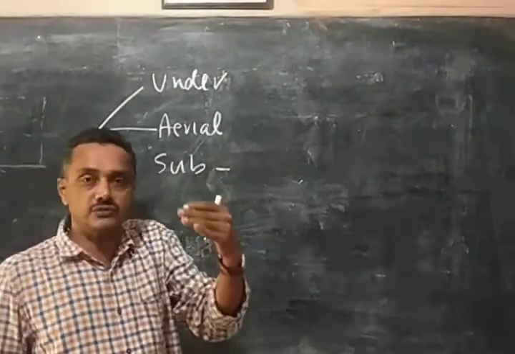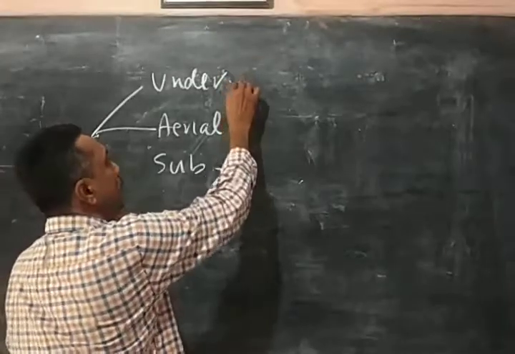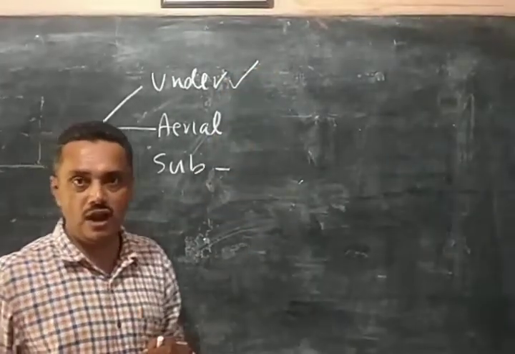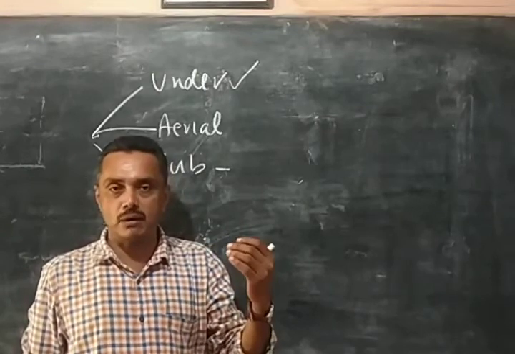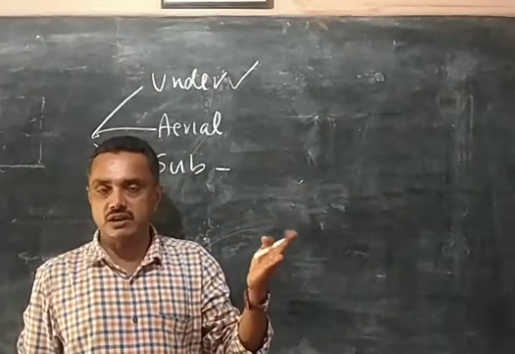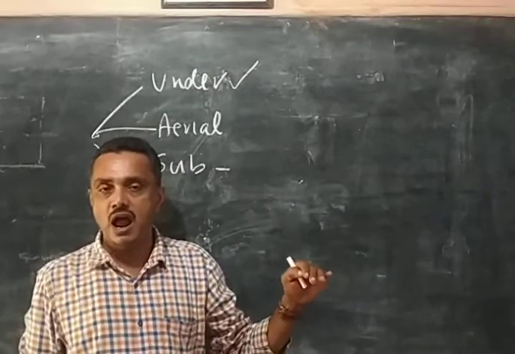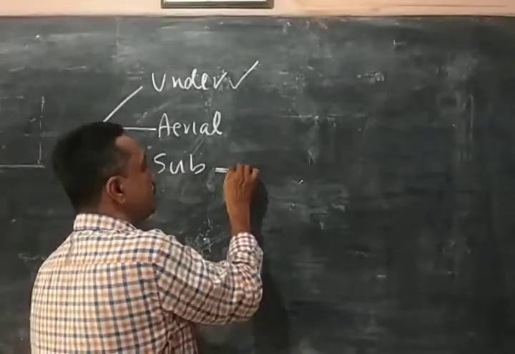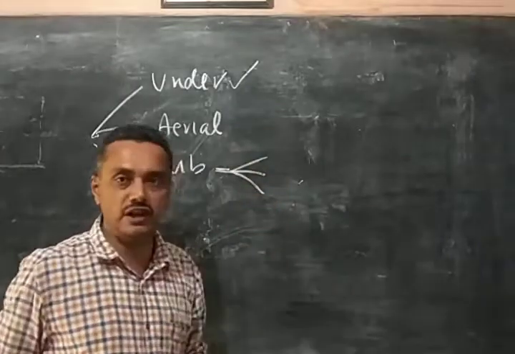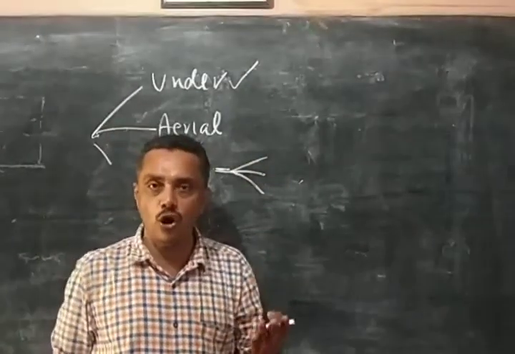In the last class we discussed the underground stem present below the soil level. Three or four types were explained, like rhizome or bulb, for the purpose of storage of food material. And sub-aerial stem we explained, four types: runner, sucker, stolon, offset.